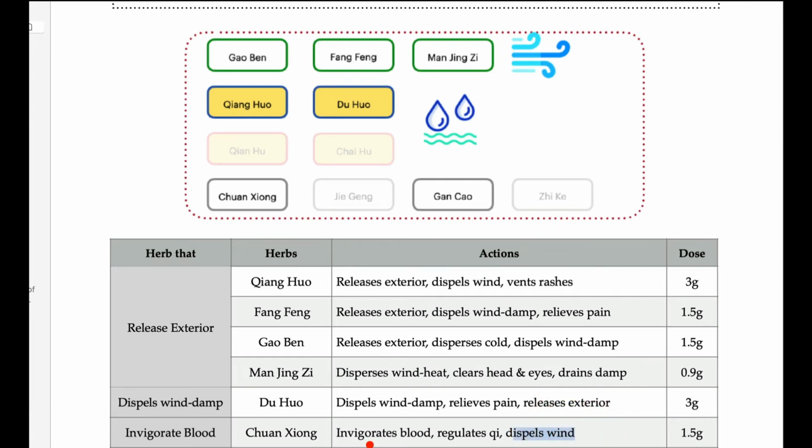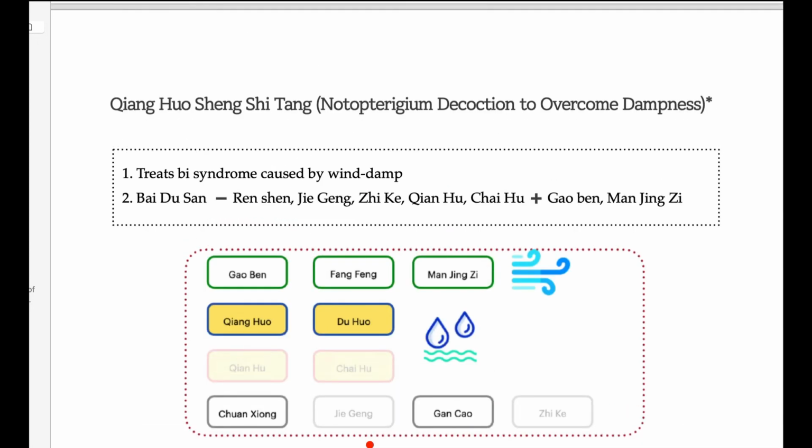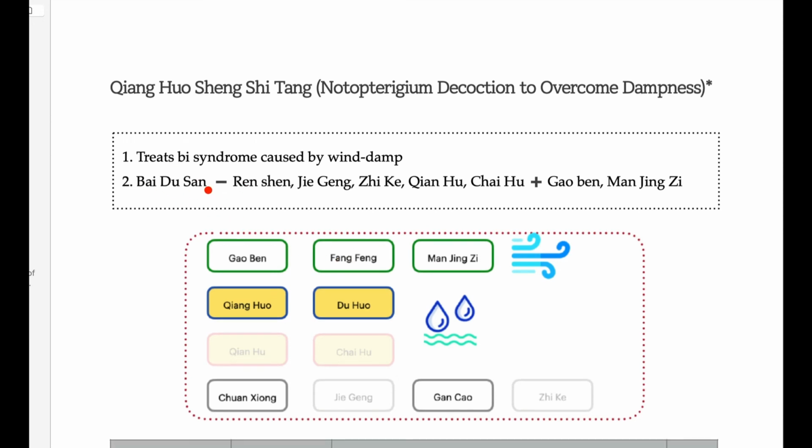And actually this is a very similar composition to Renshen Baidusan. Renshen Baidusan also has Qianghuo, Duhuo and releasing exterior herbs like Fangfeng. So this formula is from Baidusan with Gaoben and Manjingzi added.